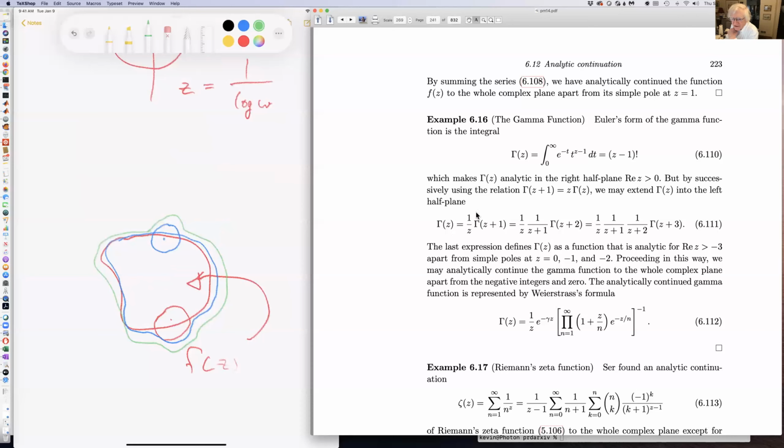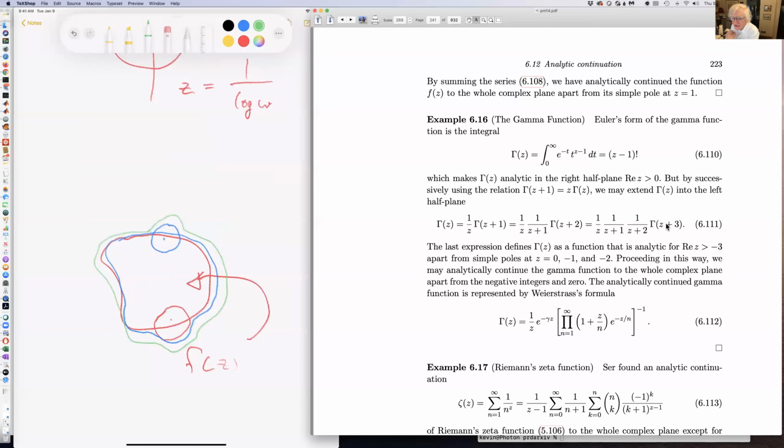So then this thing is well defined for real part of z plus 1 greater than 0, but that means if the real part of z is greater than -1, we're okay. So basically we rewrite it like that, and then like this, and so forth.